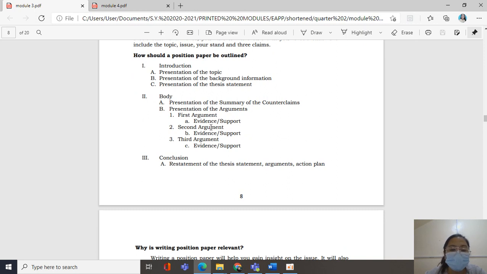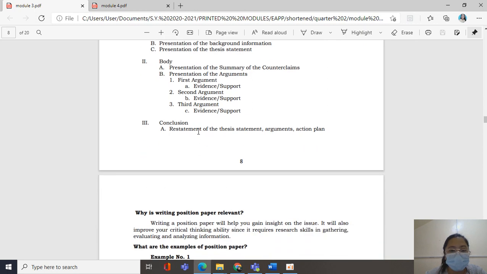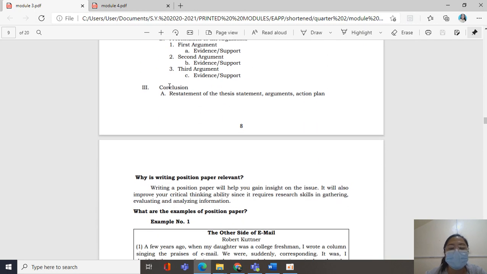You have your first argument, provide support. Another argument or another claim, provide another evidence to support. And then if you have more arguments, again, the clue here is to provide sufficient evidence sets. And then for the conclusion, simply the restatement of your thesis statement, arguments, and action plan.